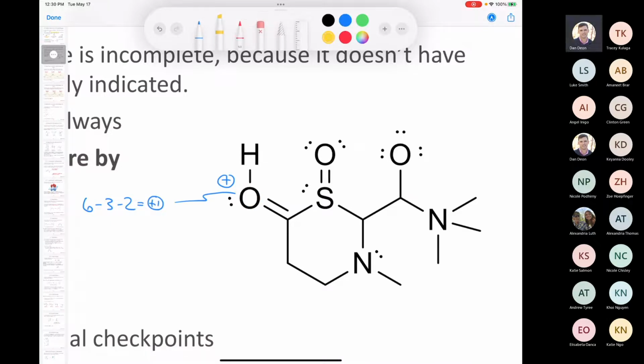If we move over to this oxygen over here, maybe I'll put a green highlighter on it like this.